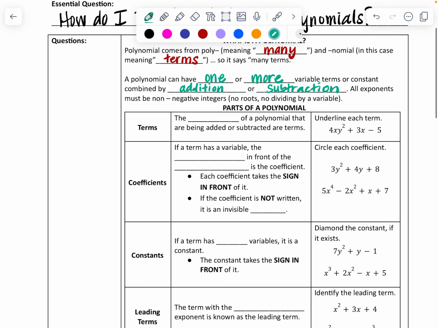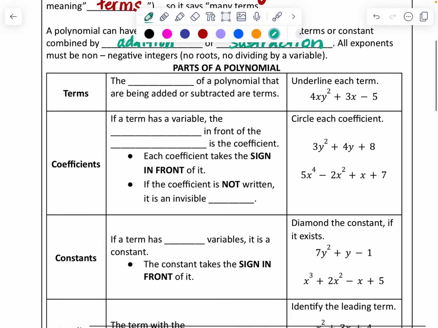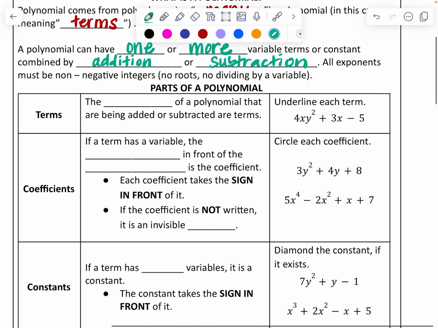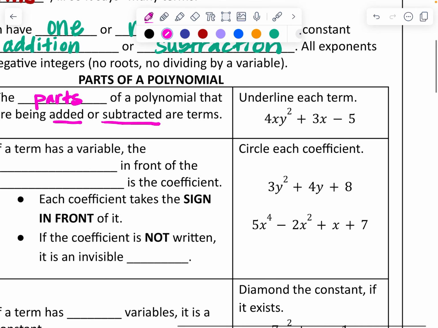So let's go over some vocabulary here. These are going to be your parts of a polynomial. Terms. The terms are the parts of a polynomial that are being added or subtracted. So we're going to underline each term in this example.